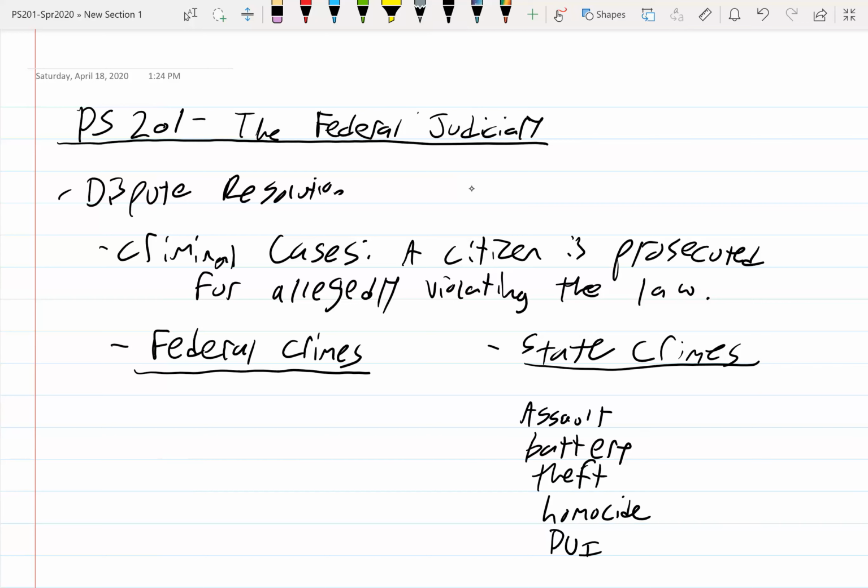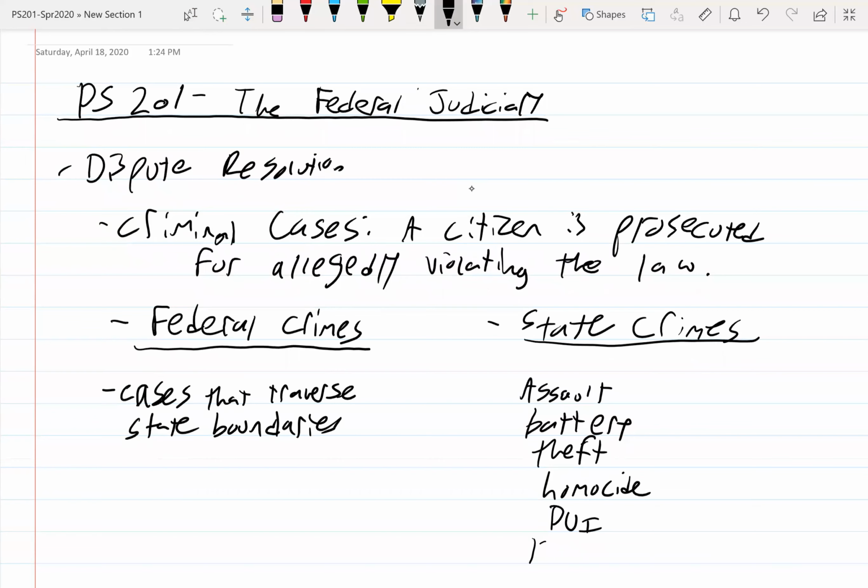So here, in terms of federal crimes, you might have, in general, cases that traverse state boundaries. Okay, so for instance, one example here would be kidnapping or abduction.